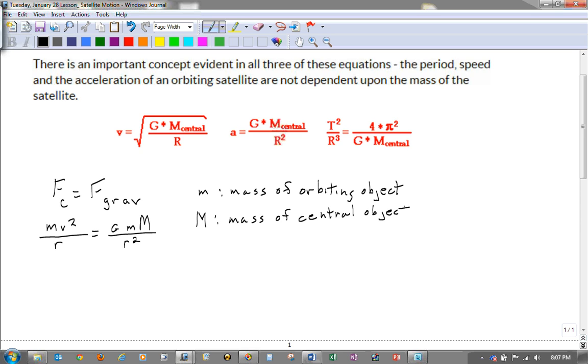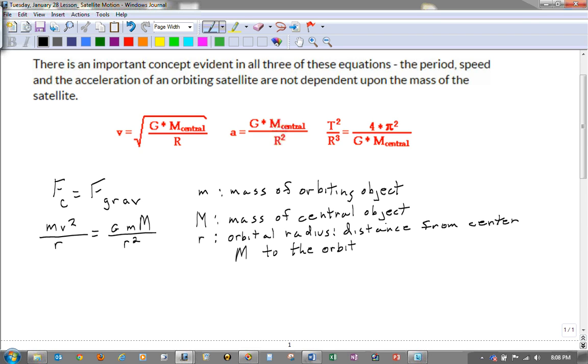So the r in each of these formulas is the orbital radius, and when we talk about the orbital radius, that's the distance from the center of the central object to the orbit. Now, if you recall the other day in class, we talked about the word altitude.